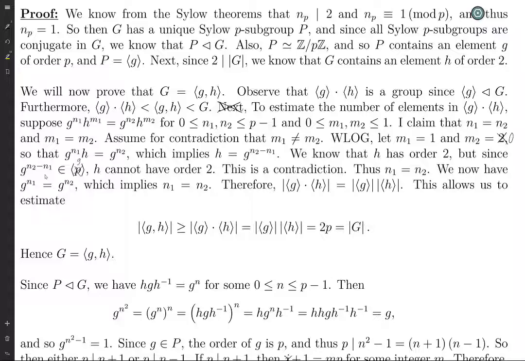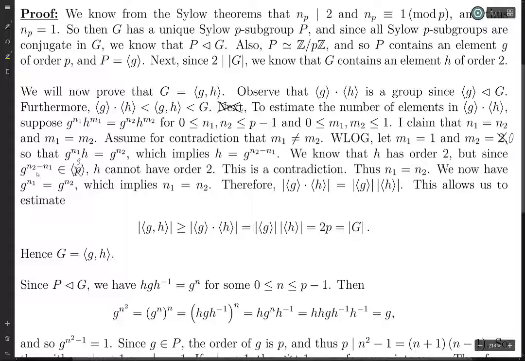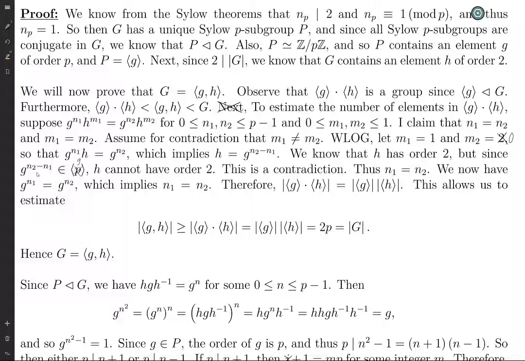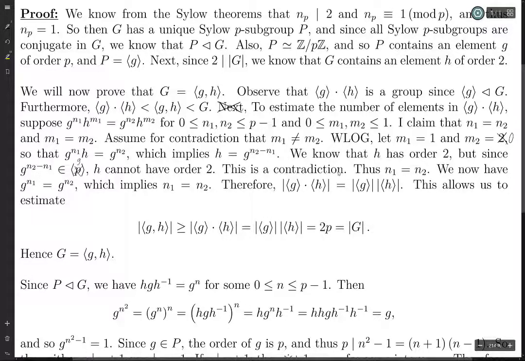So either this thing, which is equal to h, has order 1 or order p. In both cases, these are not 2. And so we have a contradiction, and thus m1 must be m2. And then from there it's easy, because you cancel and you get g^n1 is g^n2, and so n1 equals n2.